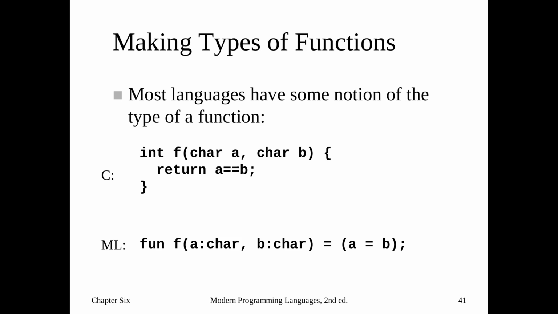On the other hand, if we were to write this in ML, it would be the mapping of character times character, the tuple, which maps to a Boolean, a true or false value.